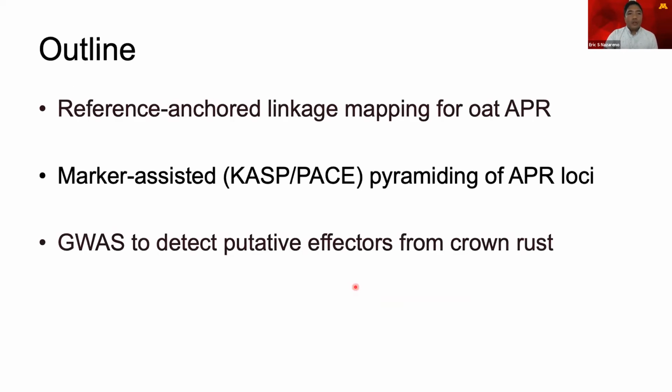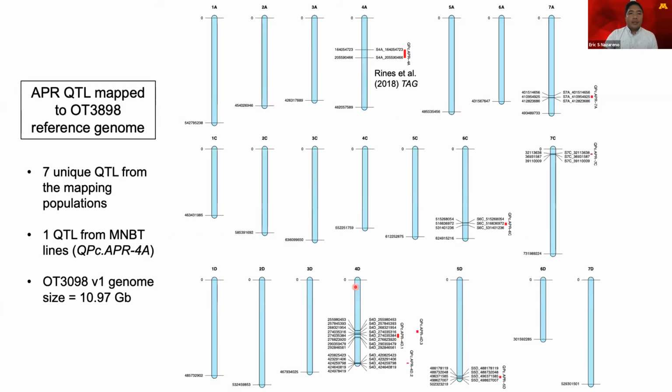Next, I'll go to the marker-assisted pyramiding of APR loci. So these are all the QTL that we have identified in this study. All 7 of them, 3 in 4D, 1 in 5D, here in 6C, 7C, and 7A. And there's one additional from Dr. Howard Rines.